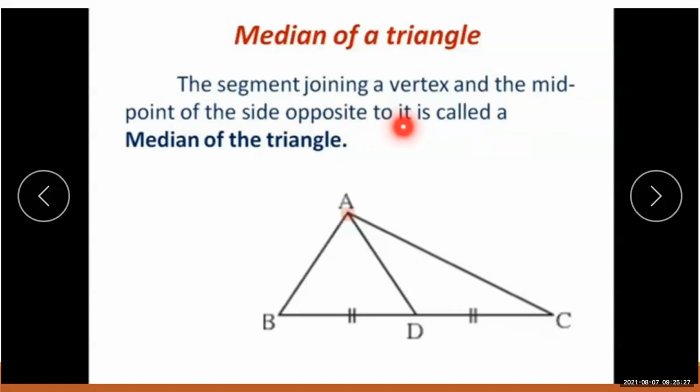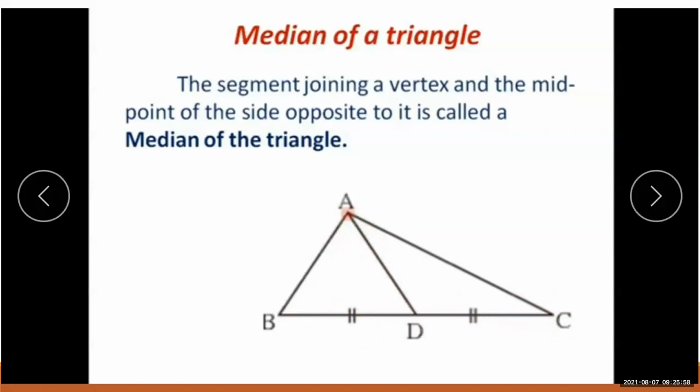Okay, it means the given vertex and the midpoint of the side opposite to it. The segment joining those two is called the median of the triangle. Now see, here is vertex A, and the side opposite to this vertex is BC.